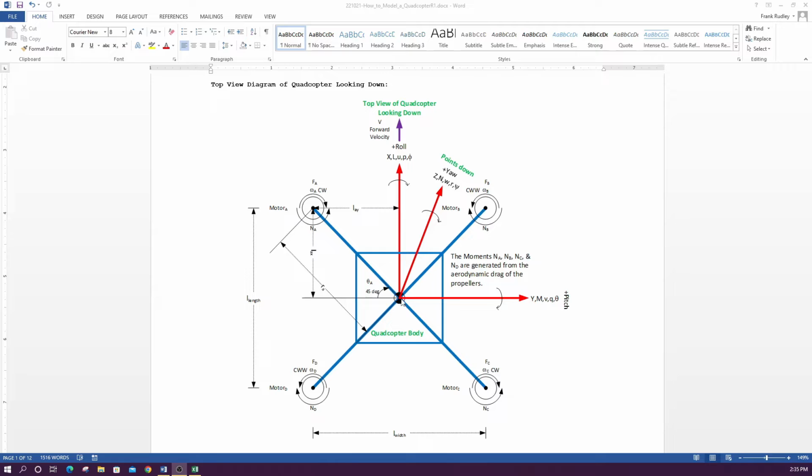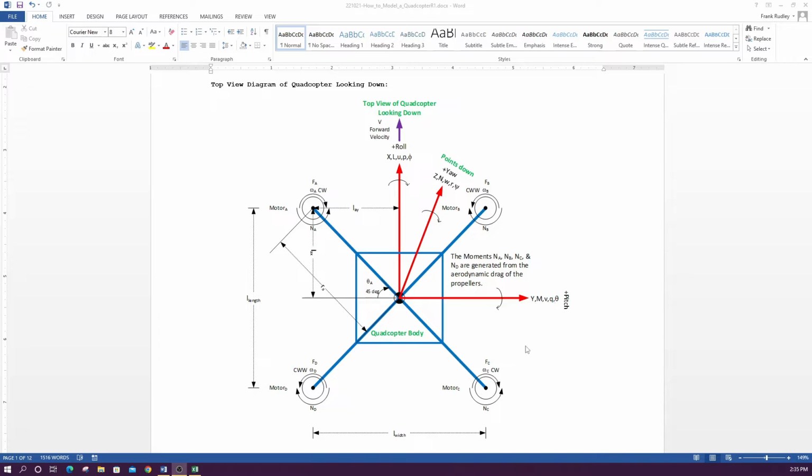We also have our y-axis parameters here. Y is our lateral force that would tend to cause the airframe to move to the right. M is our longitudinal moment, or pitching moment, where positive is going this way using the right hand rule. V is our lateral velocity, which would tend to make the aircraft drift to the right.